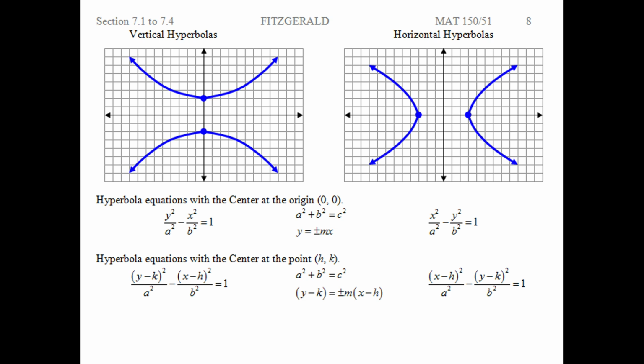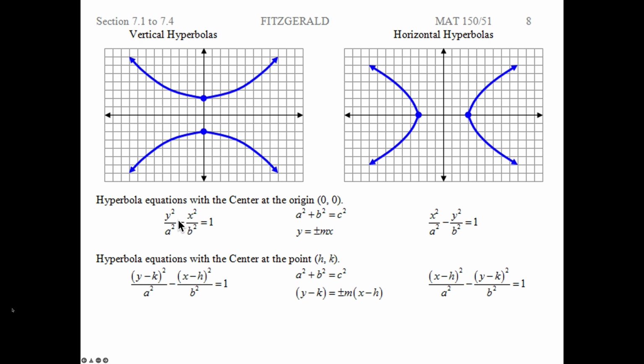So again, we're going to have vertical hyperbolas and horizontal hyperbolas. Vertical hyperbolas open up and down, horizontals open left and right. We're still going to do the same thing in terms of plotting the A's, the B's, and the C's. It's just how we make the curves now. But again, now look at the equation. There's a change.